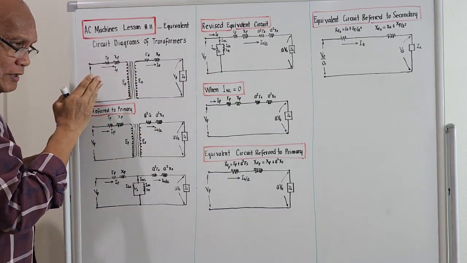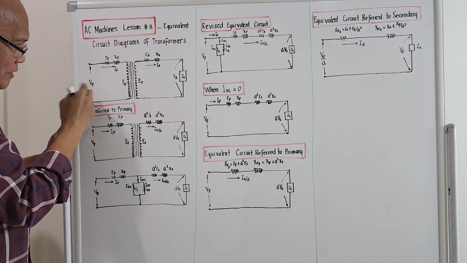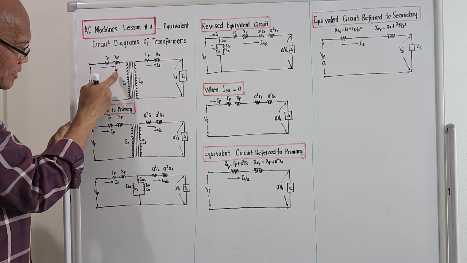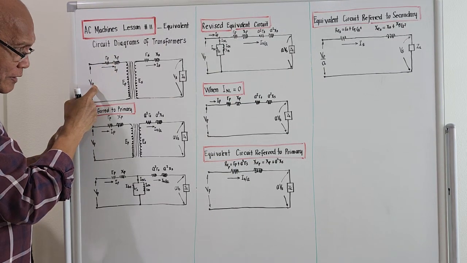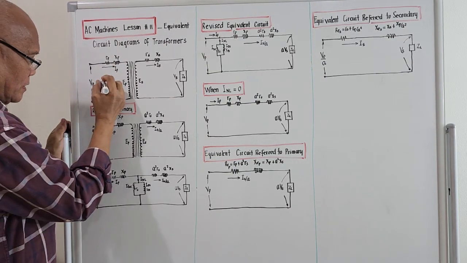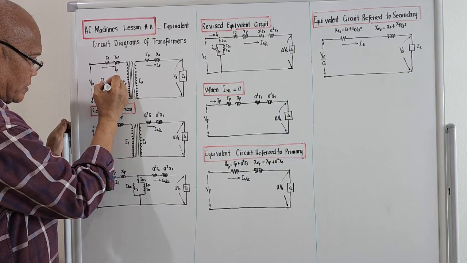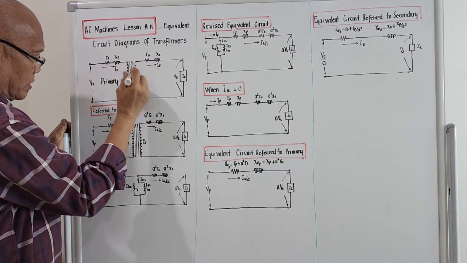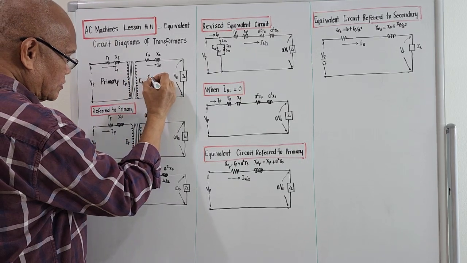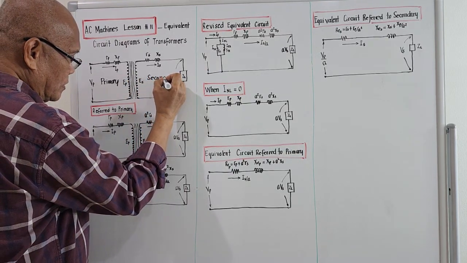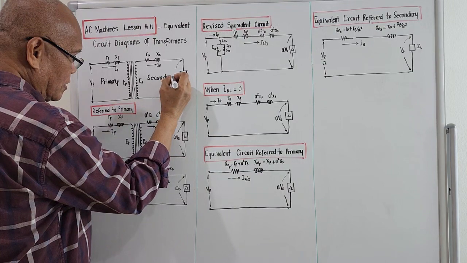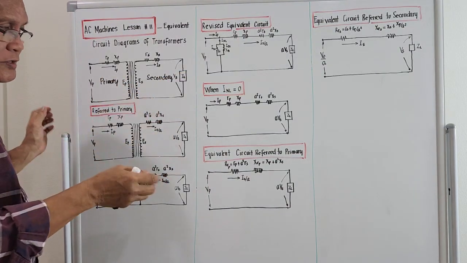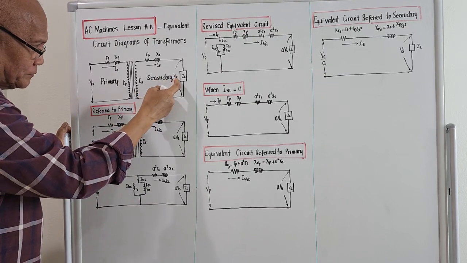And the impedance drops on the primary due to the winding in the primary are designated R with the subscript P. So this subscript P here refers to primary. So this is primary, and this is the secondary, right? So from now on, if we see the subscript S, it refers to the secondary.